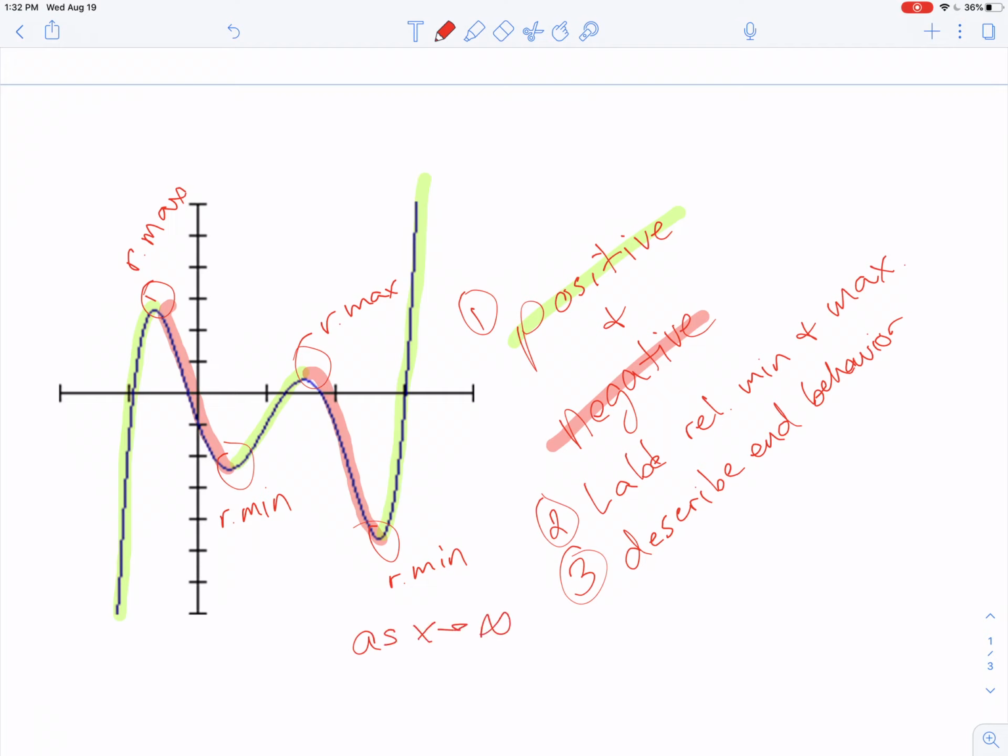So as it moves along to the right, is it going up or down? It's going up, so y goes to positive infinity. As x goes to the left, which we're going to call negative infinity, where is y going? As I go left, is it going up or down? It's going down, which would imply negative infinity. So that would be your answer to that number 3 part there.